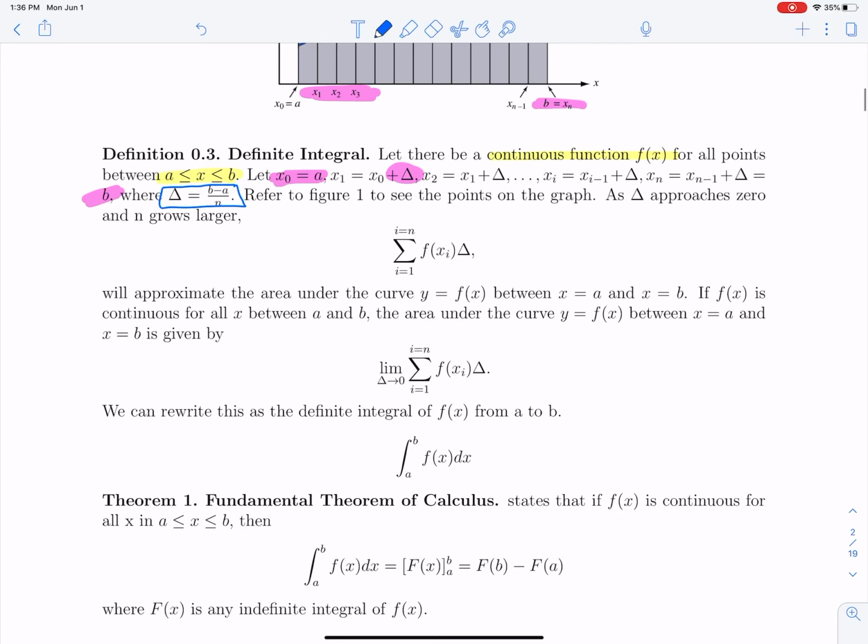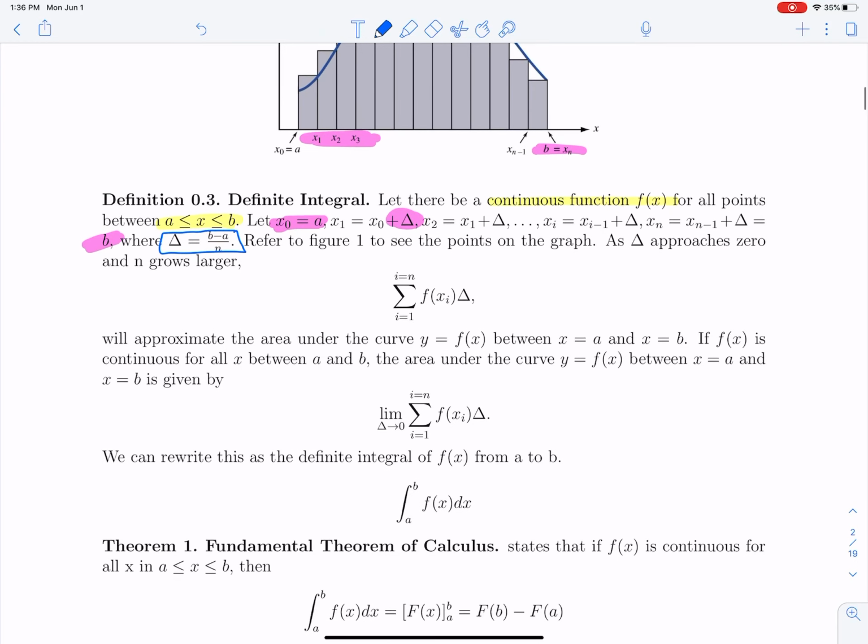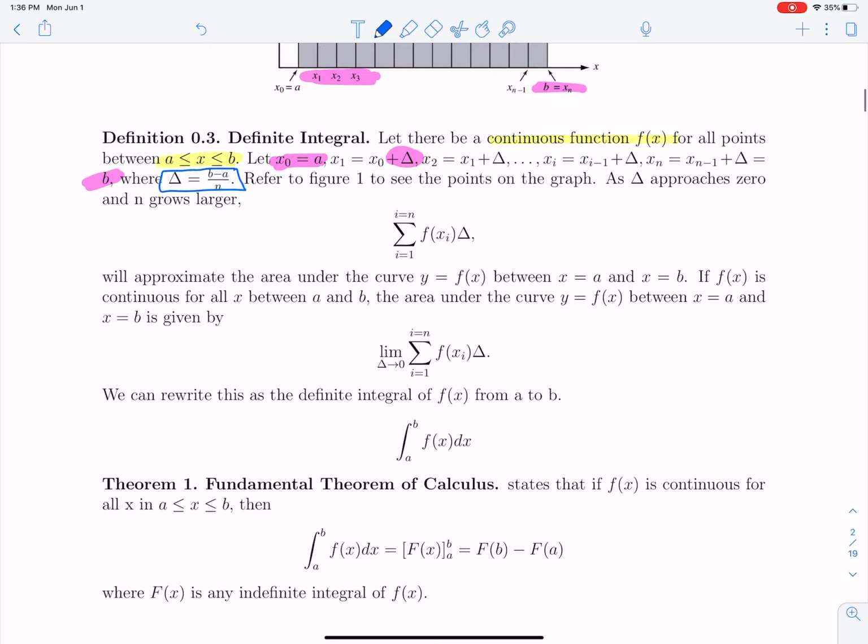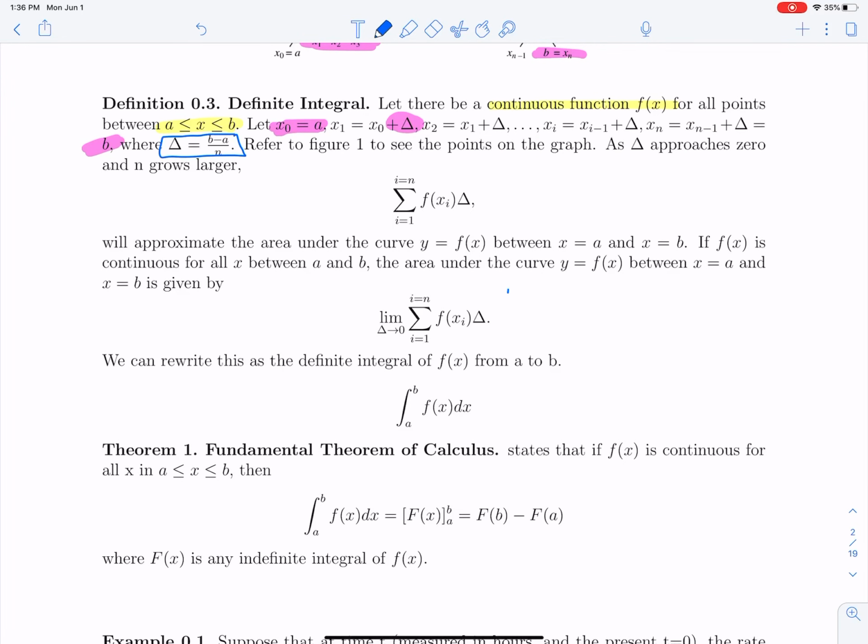Okay, so as delta approaches 0, n is going to grow larger. And if we take all this, we can sum up those rectangles, as delta approaches 0 right here. So f of xi, that's each point. So it could be f of x1, f of x2.